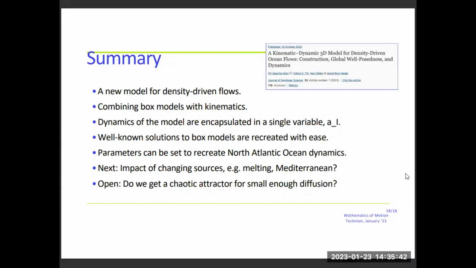So, any questions at this point? Why is this an open question? We haven't answered it yet. We need to prove whether it exists or not. We think that we can get a chaotic attractor, but we need to show it. Do you see this in simulation?